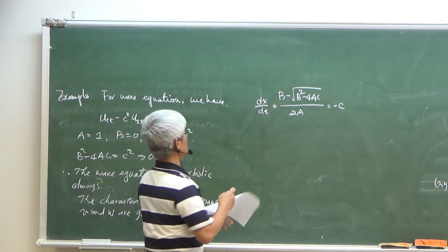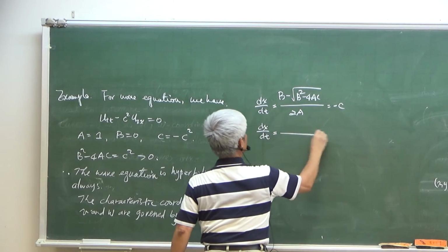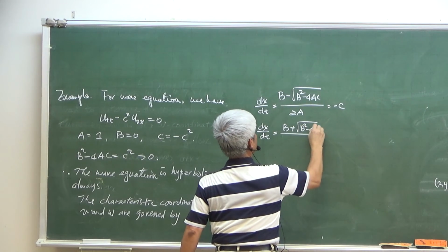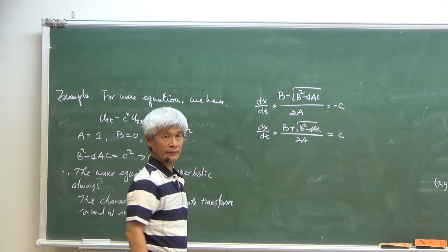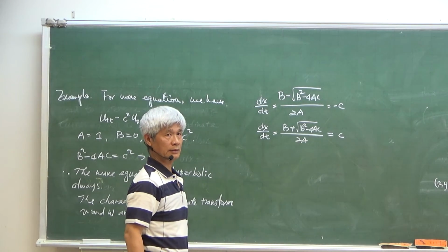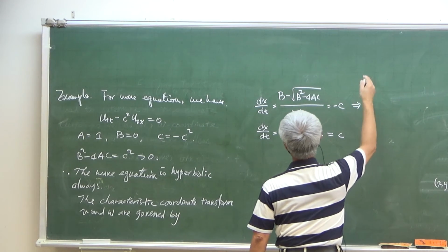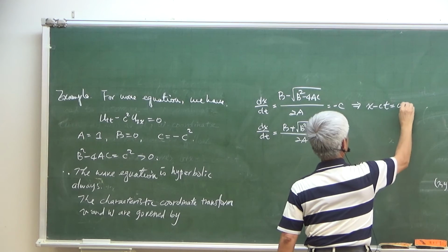And the other one is plus c. So this implies that we have x minus ct equal to constant.